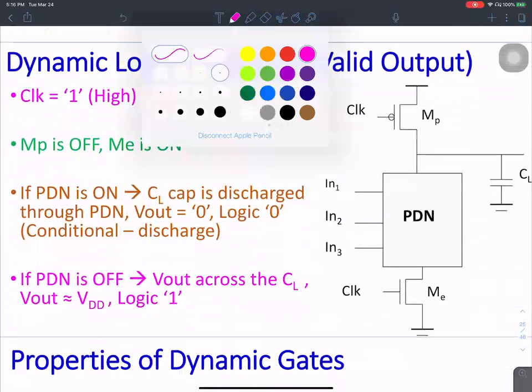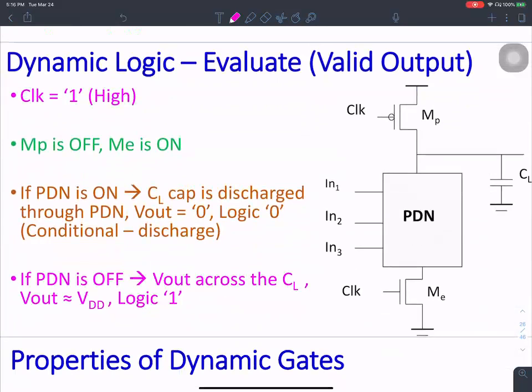Now the evaluate phase comes next. During the evaluate phase, the output is valid, and the output is valid only during the evaluate phase. That happens when the value of the clock is 1. So the gates of both the PMOS, MP, and the NMOS, ME, are 1.